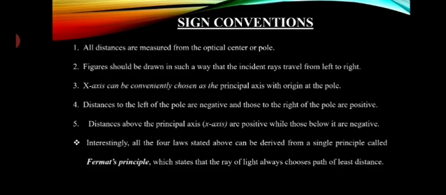In ray optics, it is always taken that light travels in the form of a ray, in a straight line path, because that is the shortest and fastest distance it can cover. So that is Fermat's principle.